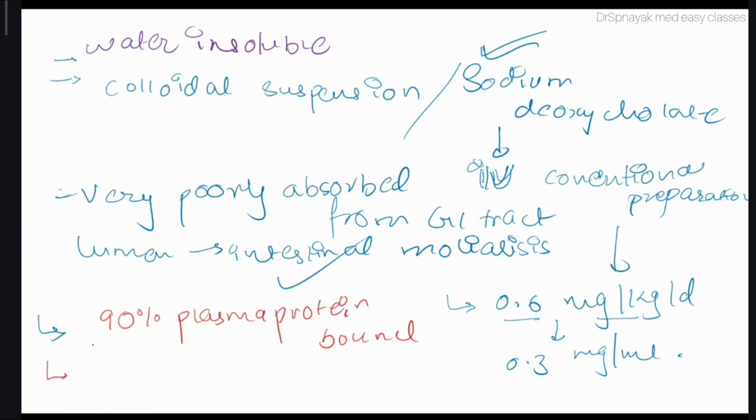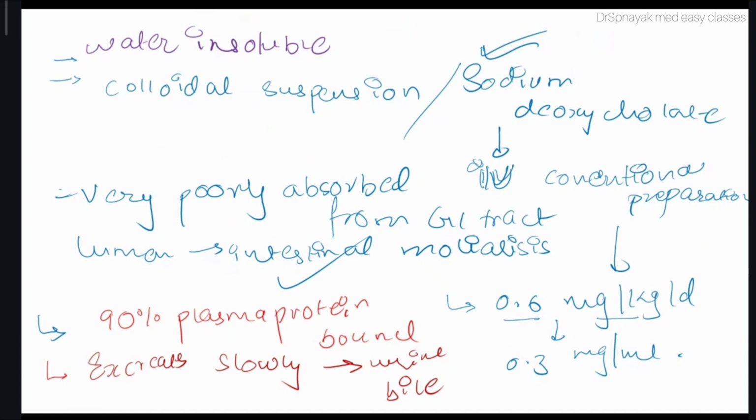It is excreted in the urine for several days. That means it remains in the body for a prolonged period of time, and it is excreted slowly over a period of time in the urine and in the bile.